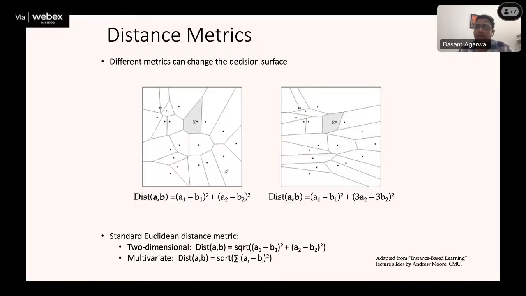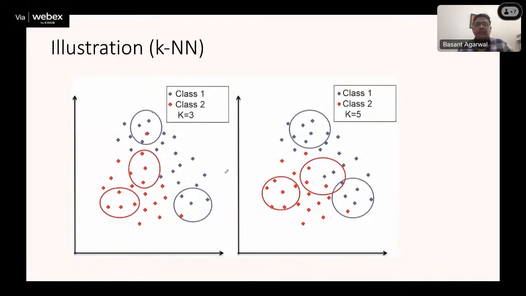We can empirically decide what the best distance metric is for our data. That is the important thing we should take care of when we develop k-nearest neighbor for our examples. And in this example, this is an illustration for k-nearest neighbor.